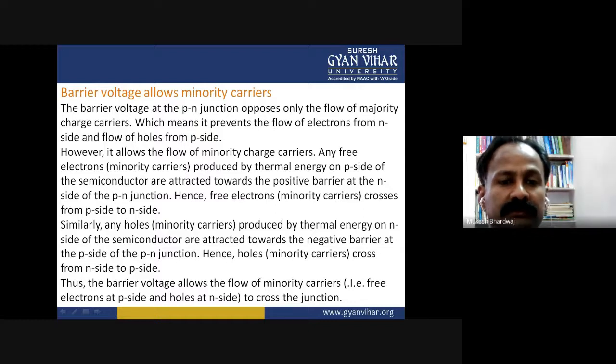Hence, holes, minority carriers, cross from n side to p side. Thus, the barrier voltage allows the flow of minority carriers, that is free electrons to p side and holes to n side, to cross the junction.